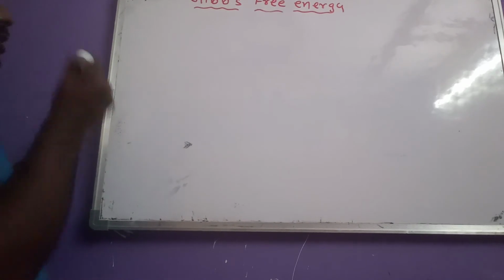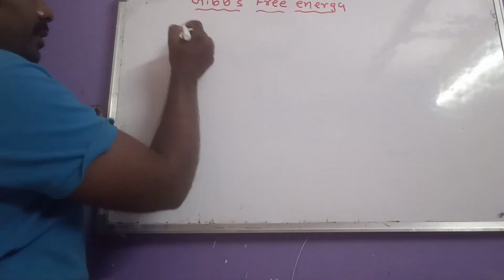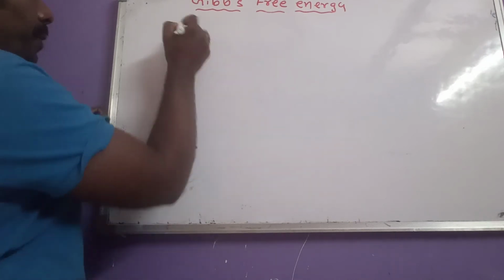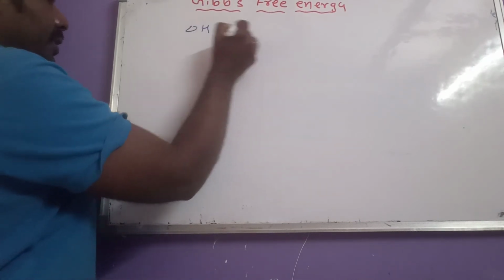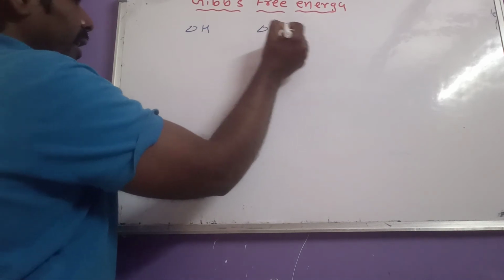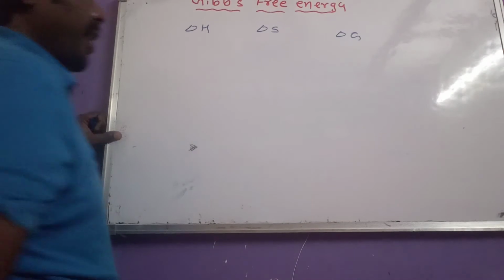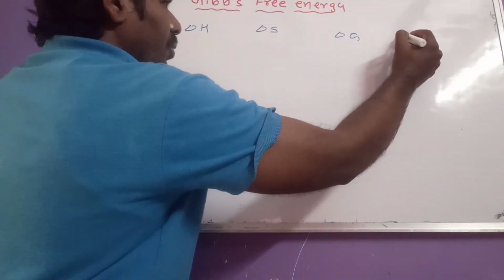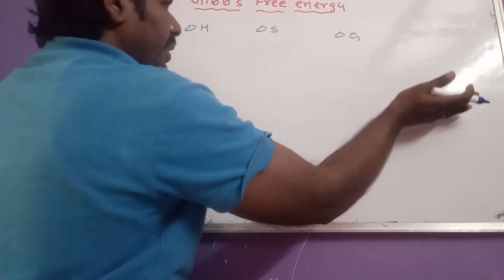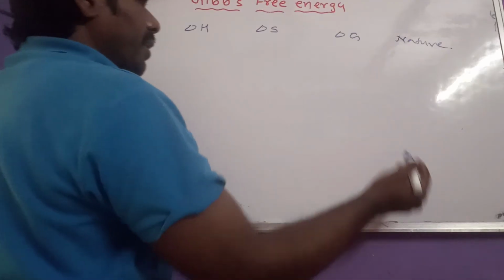For that, we have to write these three thermodynamic properties: delta H, delta S and delta G. Then we write the nature of the process, spontaneous or non-spontaneous.